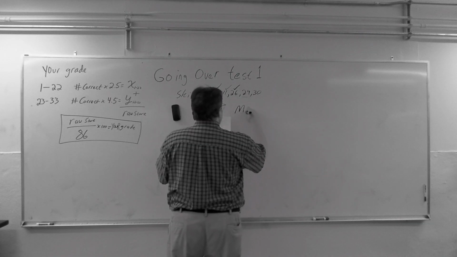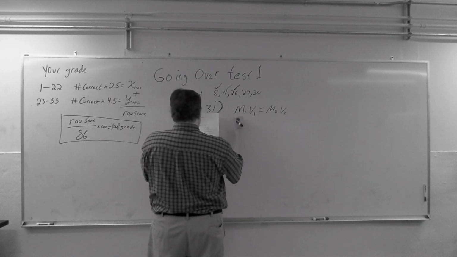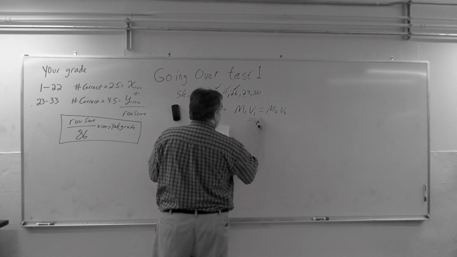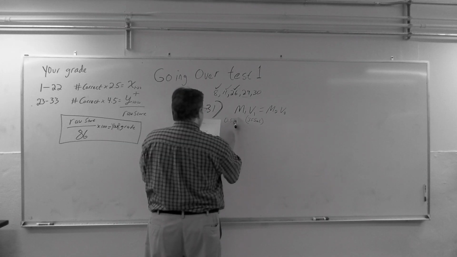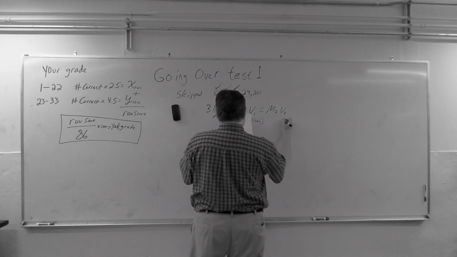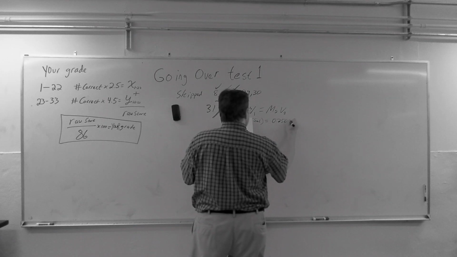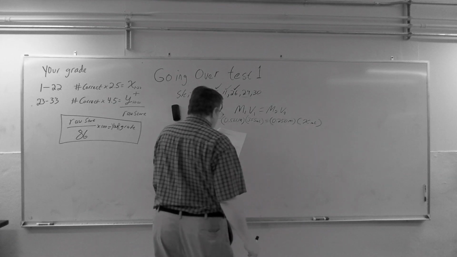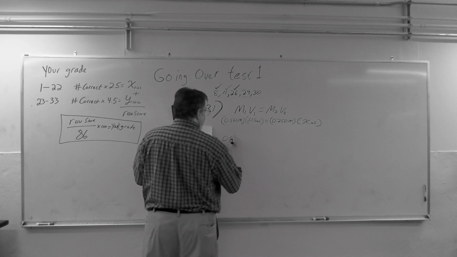Okay, this is M1V1 equals M2V2, so if 355 milliliters of a 0.561 molar solution is diluted to the new volume, the new concentration is 0.250 M. So we're looking for some milliliters volume, so 0.561.